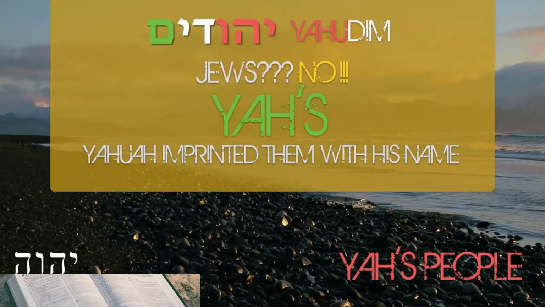And yes, it's okay to shorten it, but Yahudim doesn't shorten to Jew or Jews, does it? It shortens to something much better, something more telling, something far more meaningful. Yah's. These are Yah's people. His name is on them.